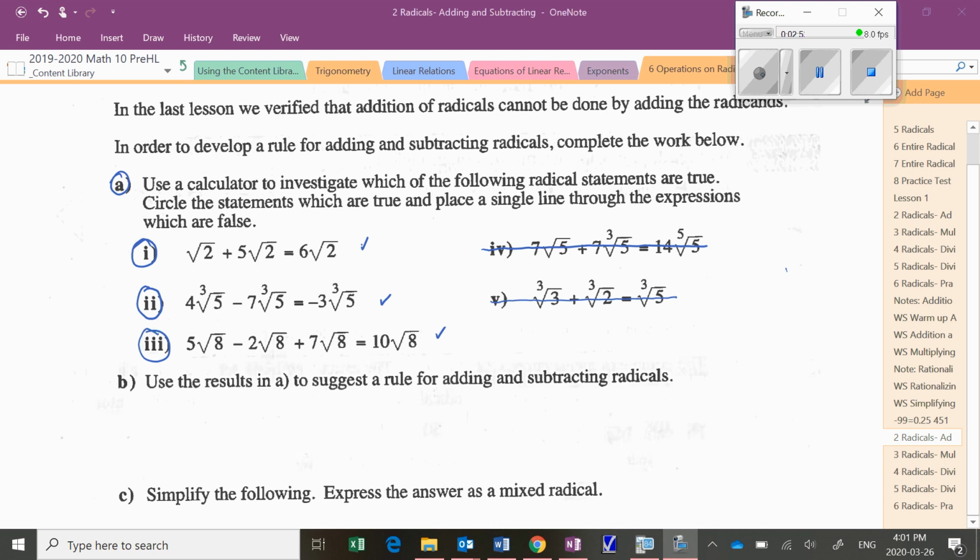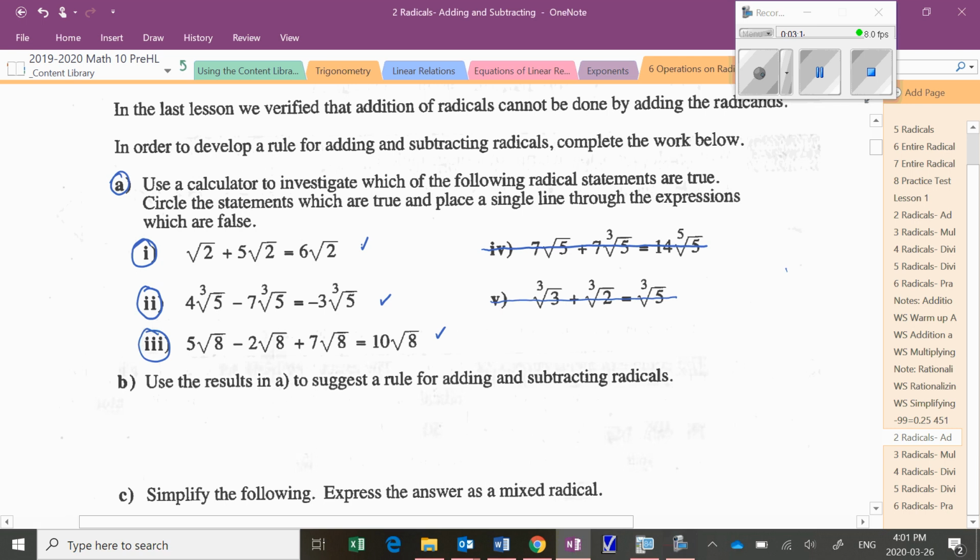Whereas in all of examples 1, 2, and 3, we've got the same index, so square root and square root, or cube root and cube root, and the actual radicands were the same. So we've got root 2 and root 2, root 5 and root 5, root 8, root 8, root 8.